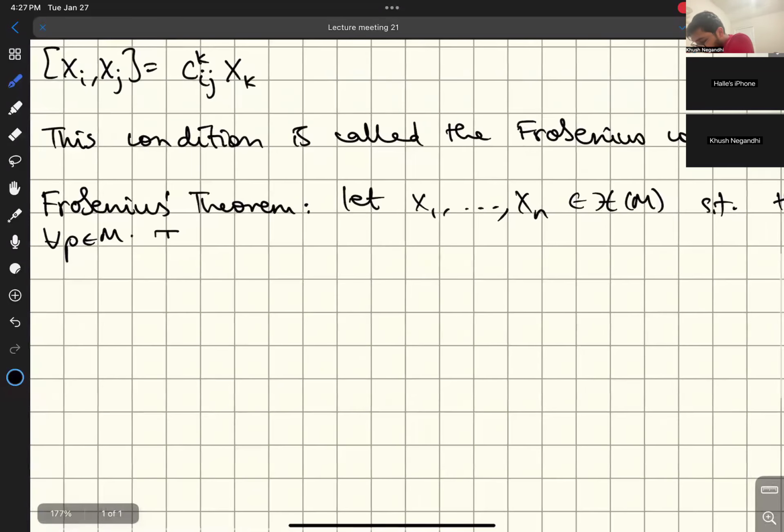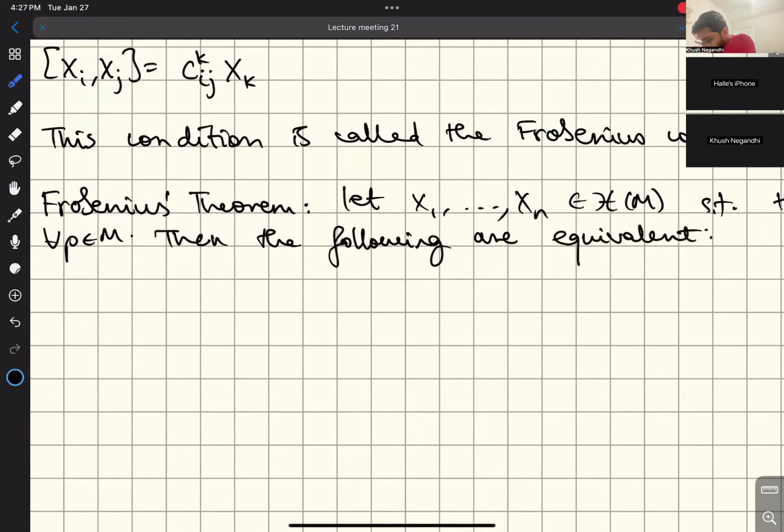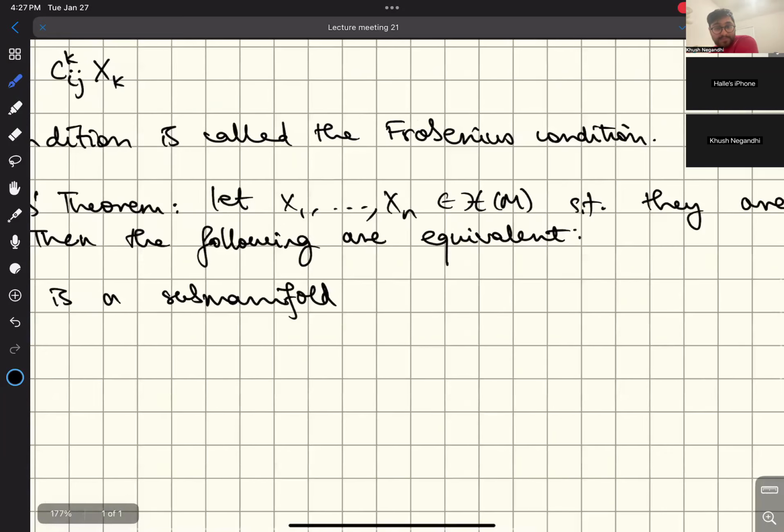Then the following are equivalent. Okay, so one is there's a submanifold through all points.